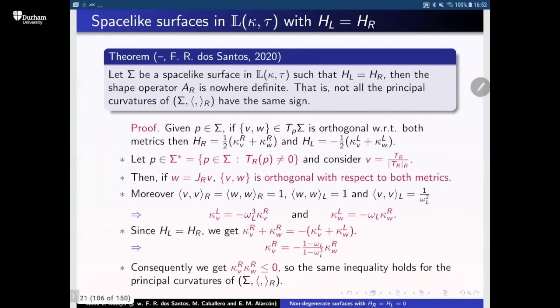Okay, so we get that the product of these two normal curvatures is always less or equal than 1. We had this for a specific pair of normal curvatures. So in particular, the same inequality should hold for the principal curvatures of the surface.